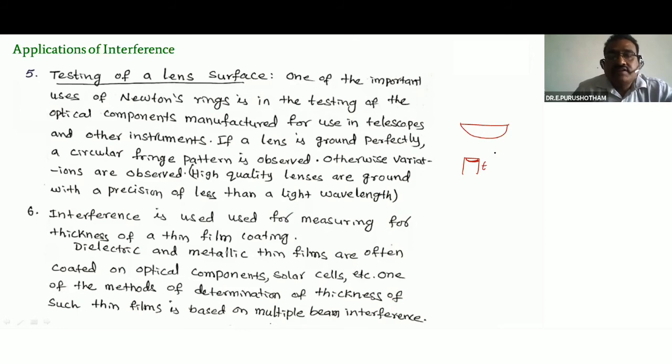Otherwise, variations are observed, different rings we observe. One of the important uses of Newton rings is in the testing of the optical components manufactured for use in telescopes and other instruments. If a lens is ground perfectly, a circular fringe or ring pattern is observed. Otherwise, variations are observed.